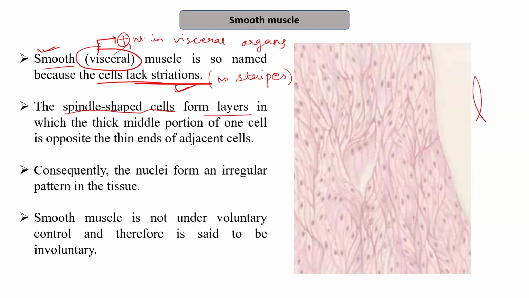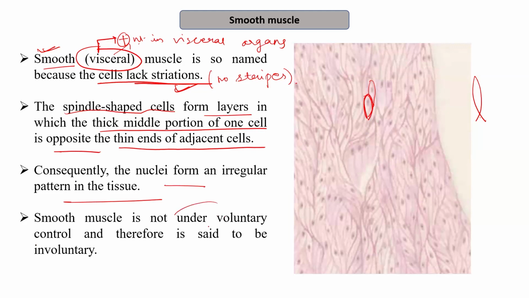They form layers in which the thick middle portion of one cell is opposite the thin ends of the adjacent cell. You can see here that the thick middle portion of one cell is near the periphery of the other cell, which is thin. So they form a layer-like structure, and consequently the nuclei form an irregular pattern in the tissue.